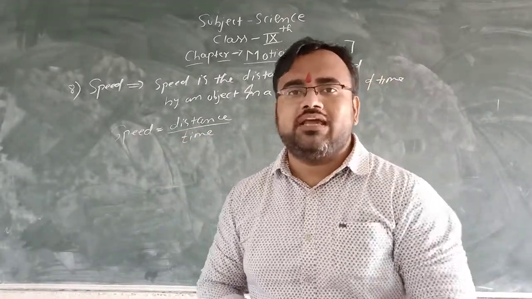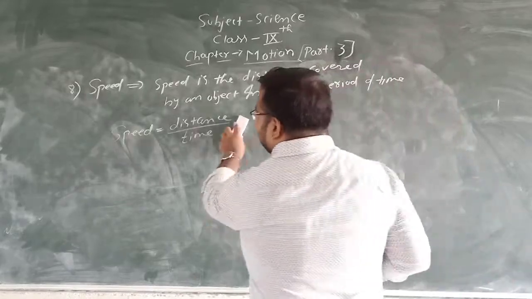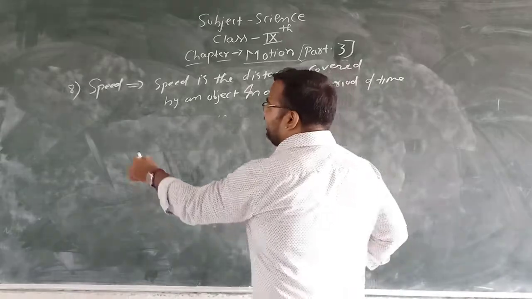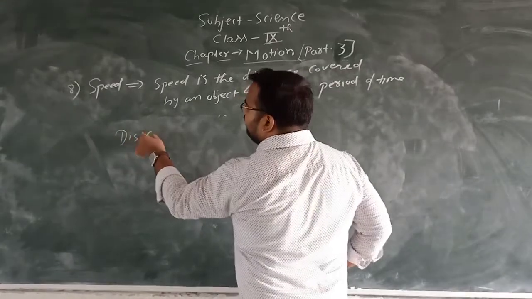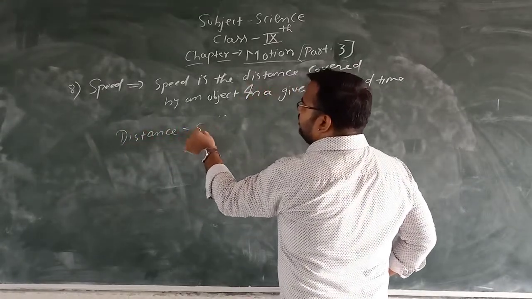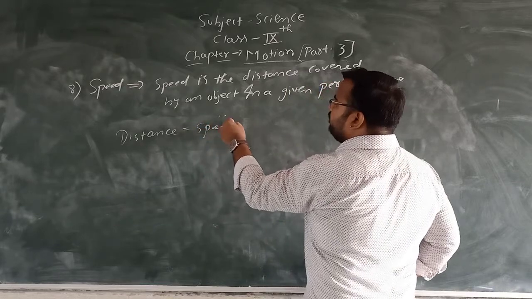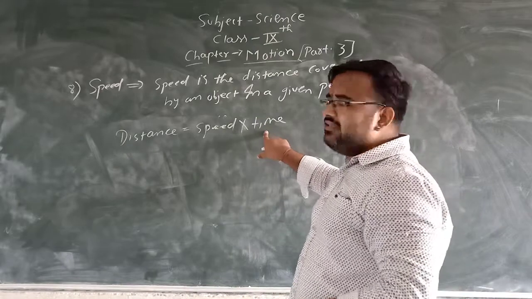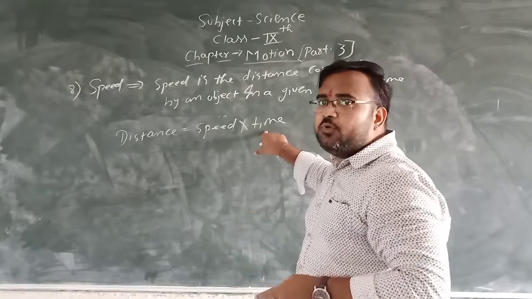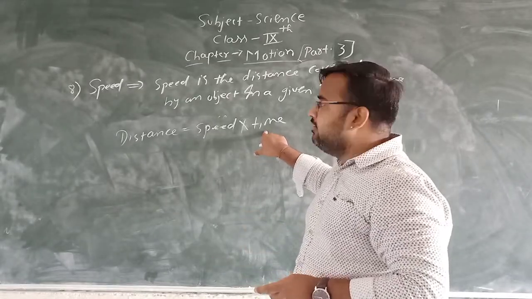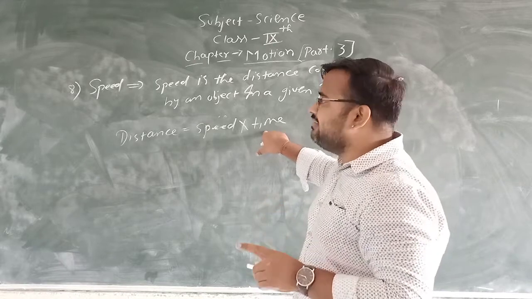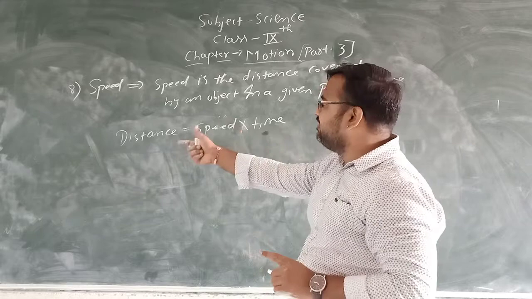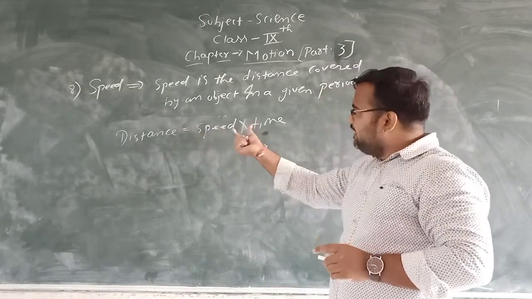You don't have to learn this formula by heart, because in the distinguishing points we have already mentioned that distance is equal to speed into time. This formula we have already seen in the distinguishing points of distance and displacement. Distance is equal to speed into time.